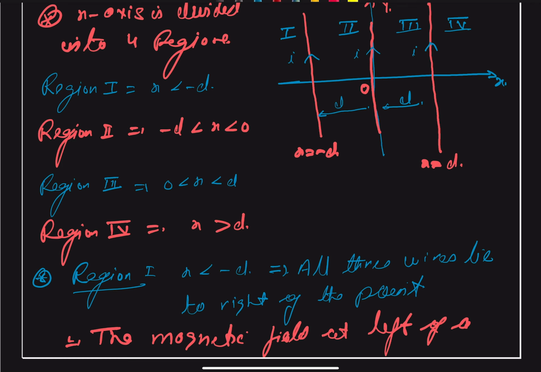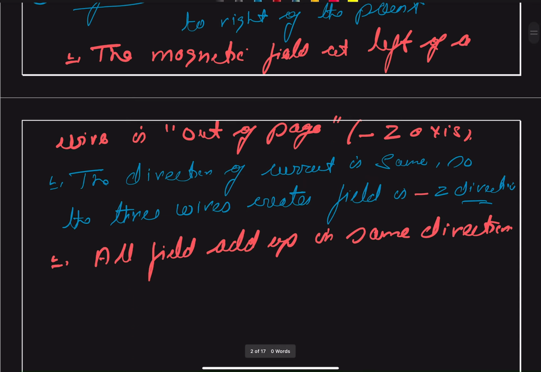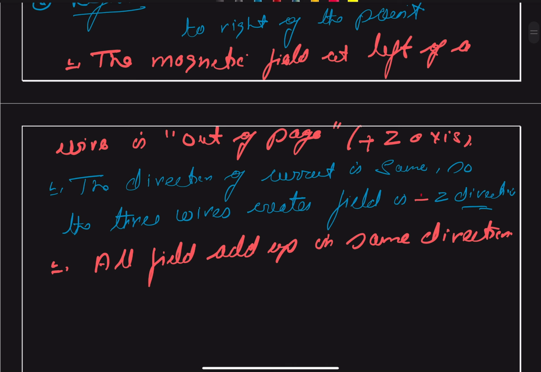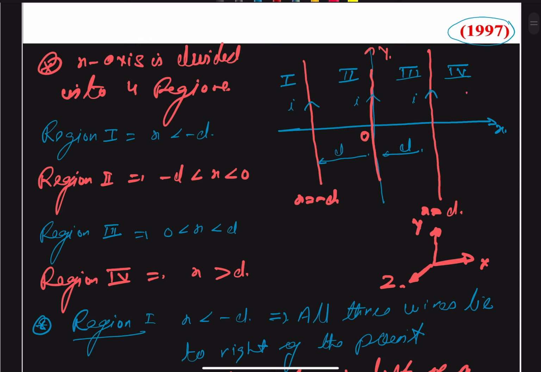Let me, this is x axis, y axis, and this is z axis. Yeah, so this looks good. So it will be our plus z axis, and we can just represent it with a dot. This is our z axis.